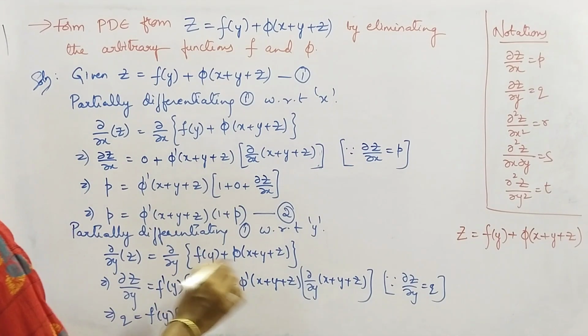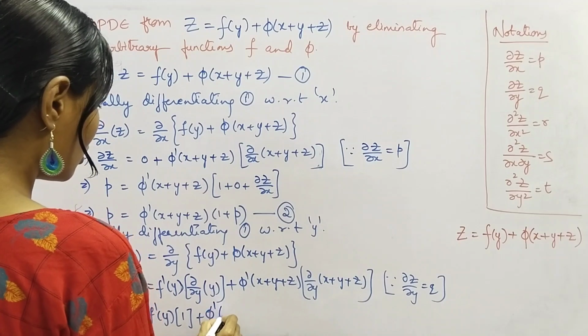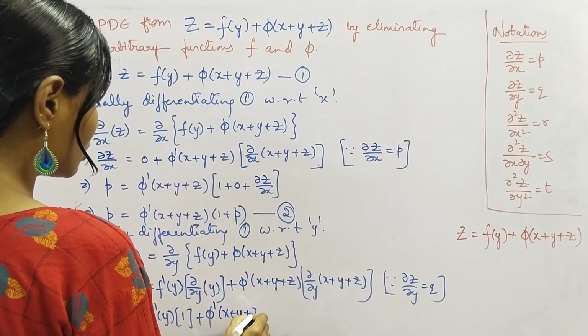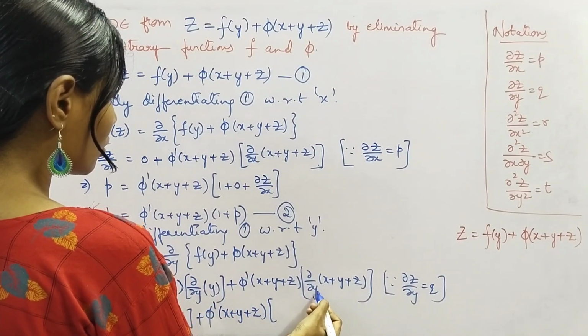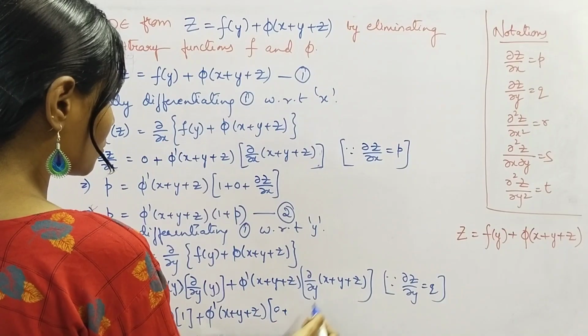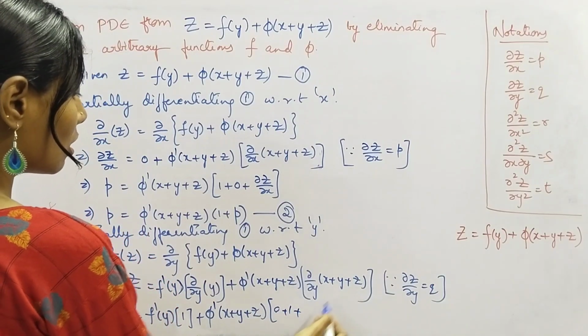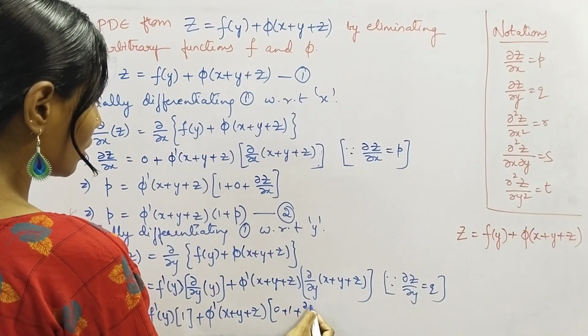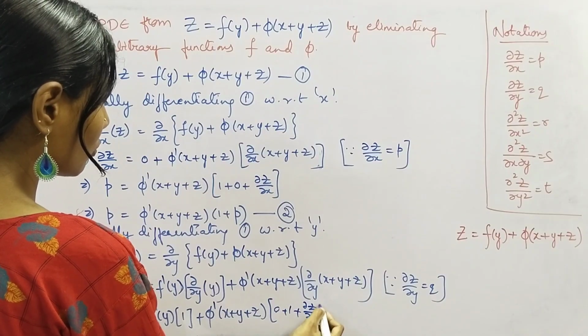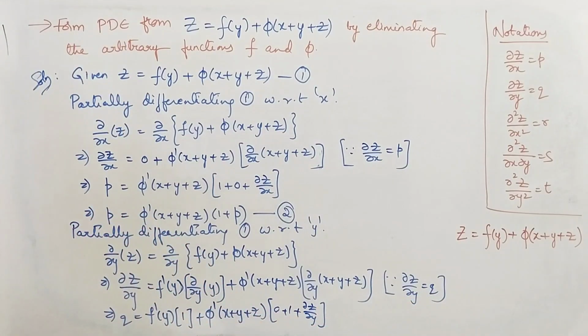Plus phi dash of x plus y plus z into partial derivative of x with respect to y is 0 plus partial derivative of y with respect to y is 1 plus partial derivative of z with respect to y is dou z by dou y, which can be replaced by the notation q.